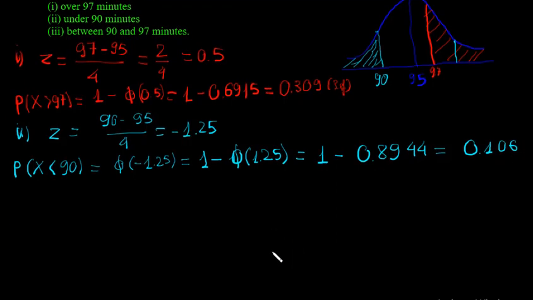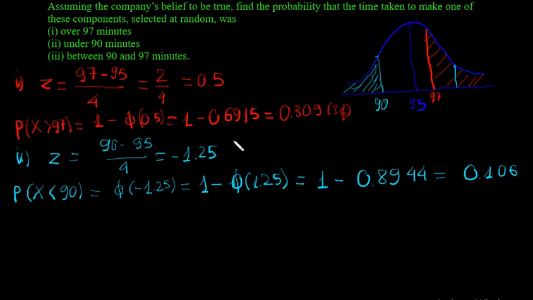Next one, find the probability between 90 and 97. This is the green area. We can find this area in two ways.